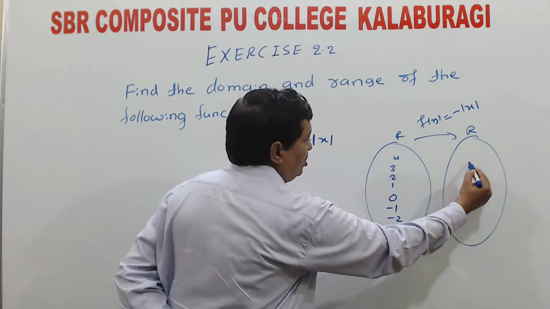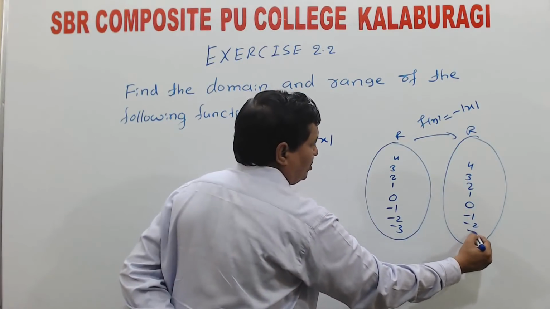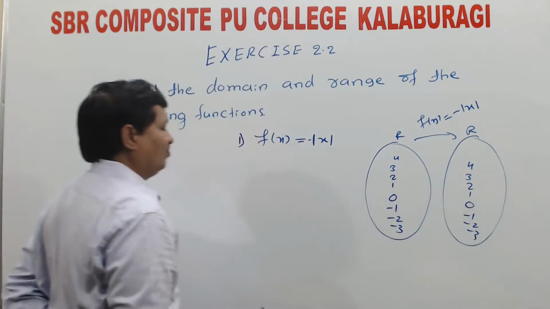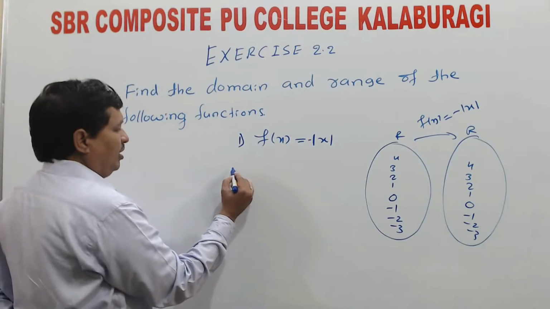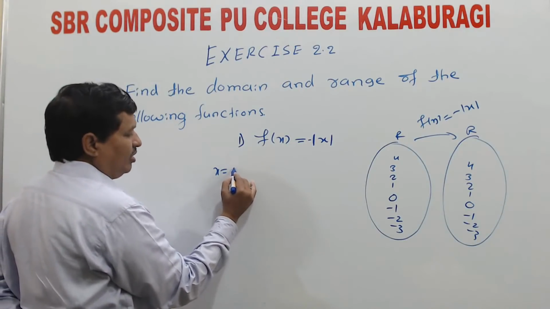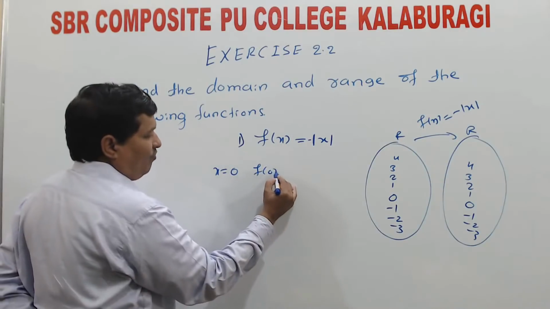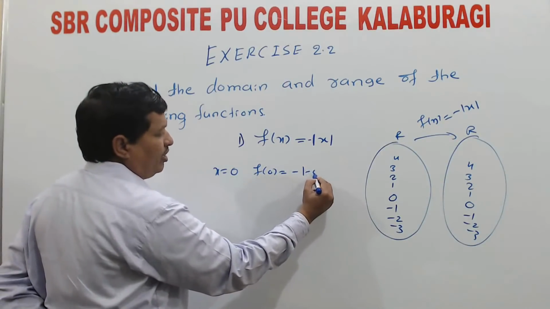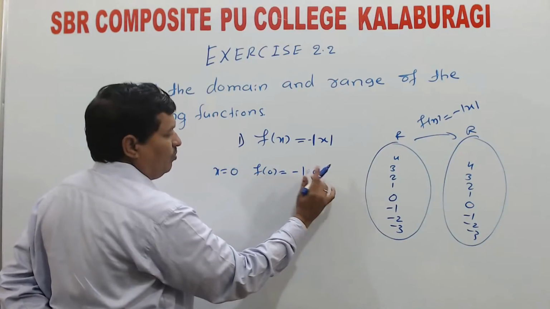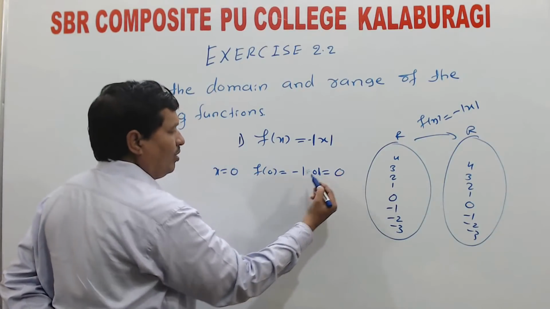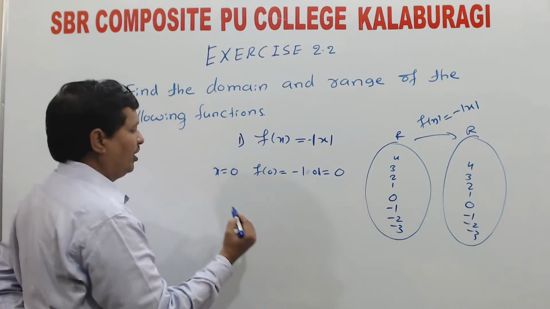You can take all real numbers. Suppose x equal to 0. See, f of 0 equal to what? Minus mod of 0, mod of 0 equal to 0 only, because 0 is neither positive nor negative.